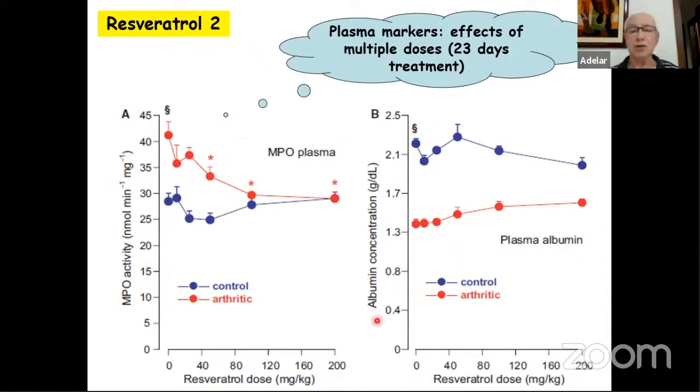Well, here are some results that I have picked to demonstrate the action of multiple doses of resveratrol: a clear concentration-dependent effect on the myeloperoxidase activity in plasma. As you can see, in arthritic rats, it decreases the activity.